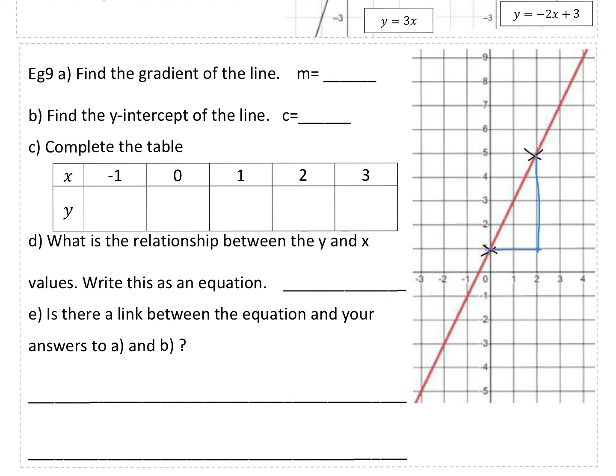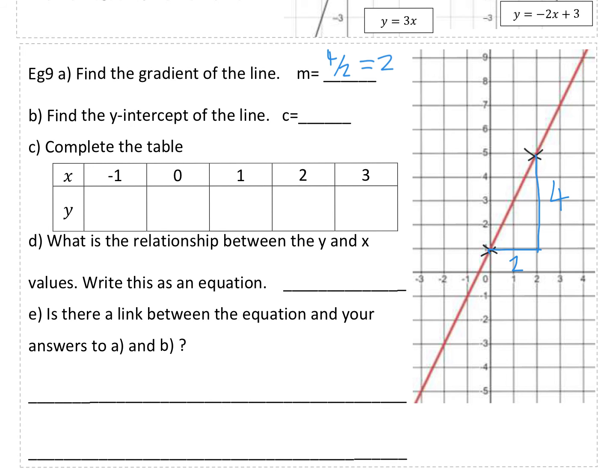That's a difference of 4. And then it goes from 0 in the x to 2 in the x. So that's a change of 2 in the x. Or the rise is 4 and the run is 2. The gradient then is going to be 4 divided by 2, which is 2.